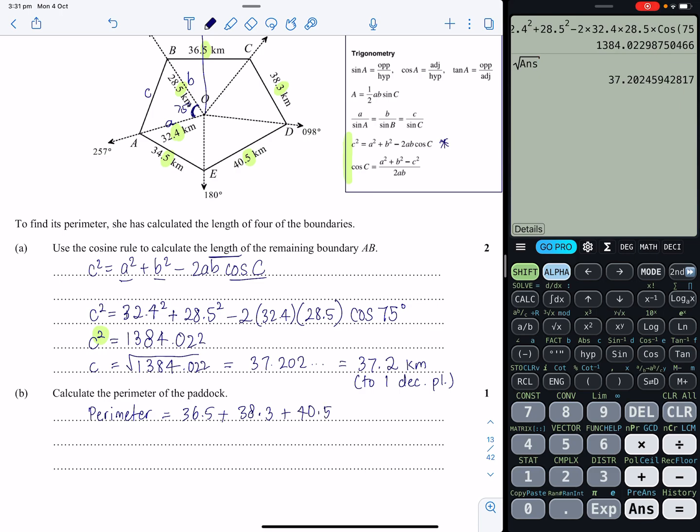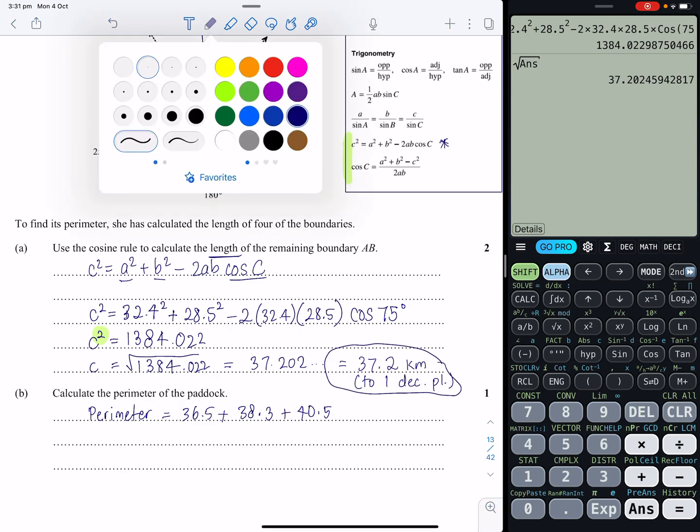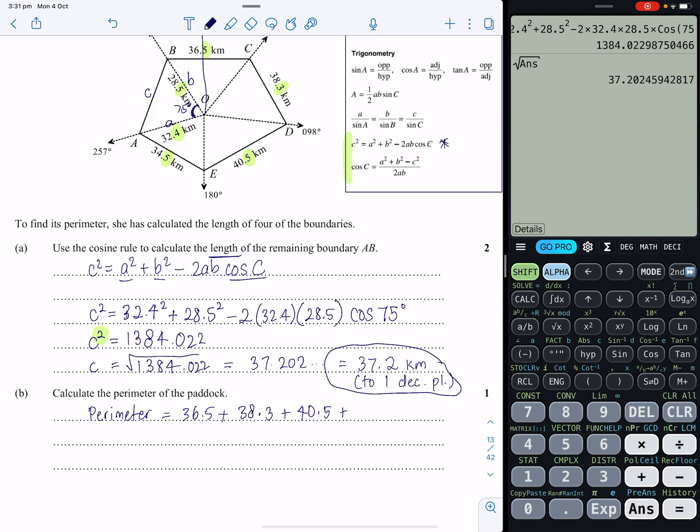If you got this question here wrong, for whatever reason, but this is the method you used to calculate the perimeter, then you would be inserting that incorrect number that you've calculated into this sum.